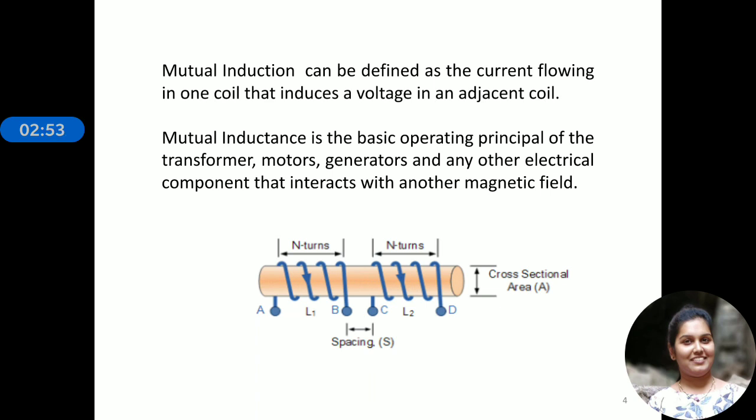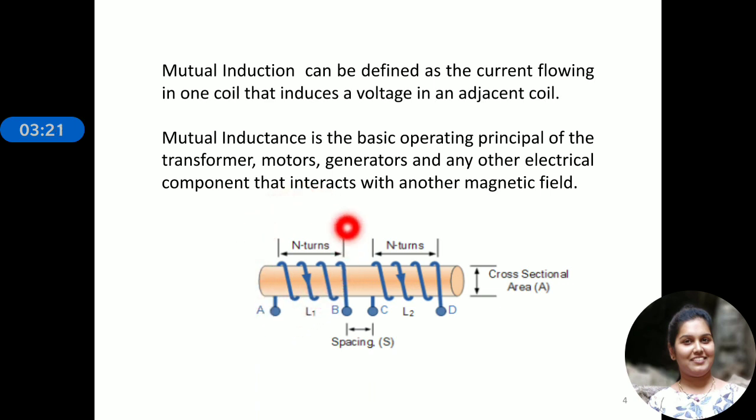That is, we supply energy to the first coil, which is placed near another coil. When energy is supplied to the first coil, because of the voltage induced in the first coil, an EMF will also be induced in the second coil. Here L1 is the first coil and L2 is the second coil.